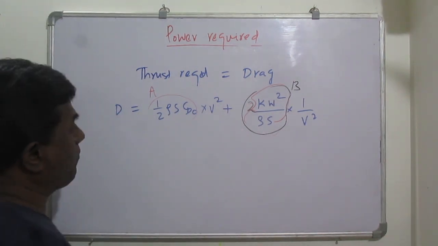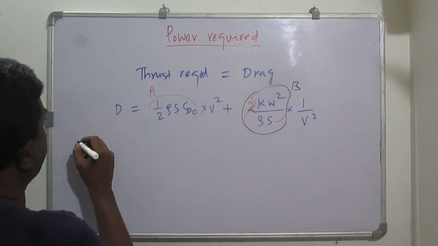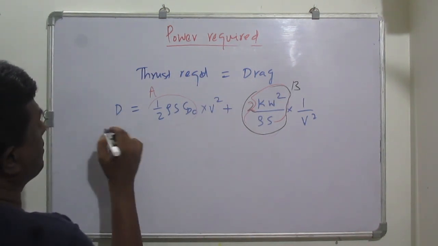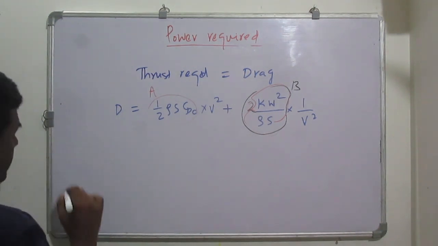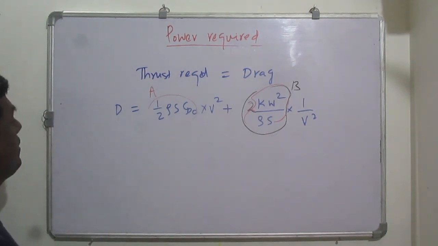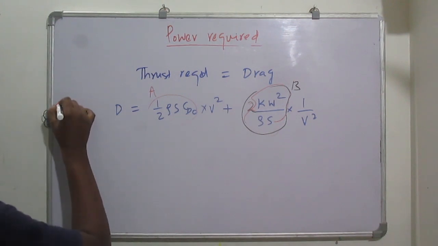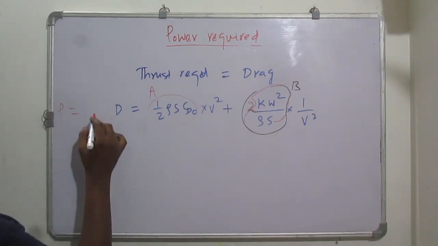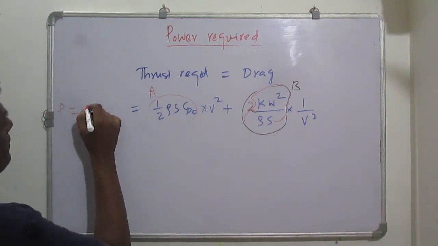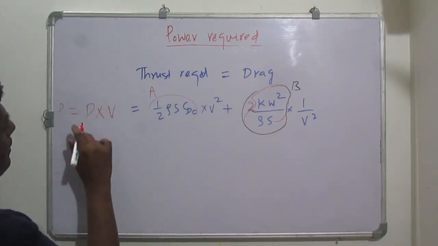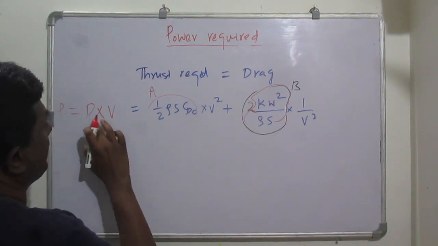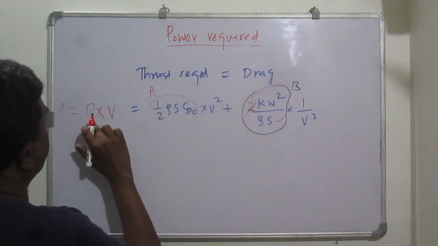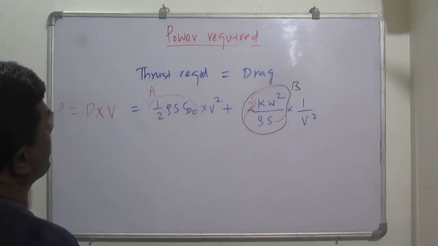When we say power, we have to multiply the drag with the velocity. So power equals drag into velocity. Now we have the drag equation, and we multiply it with the velocity.